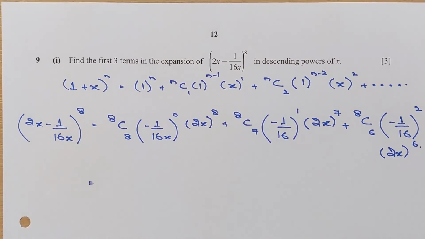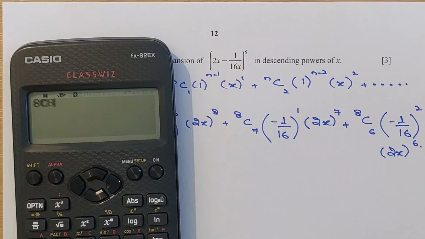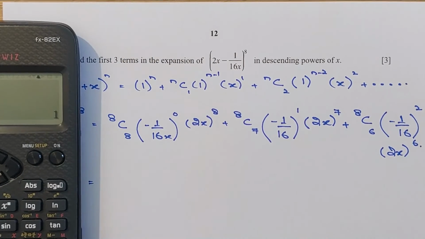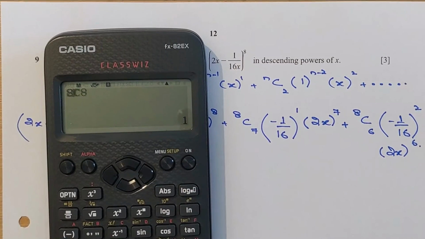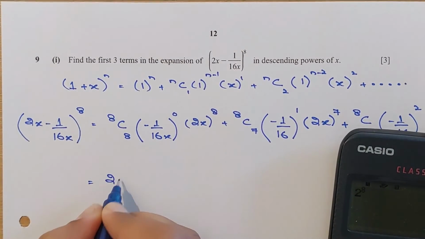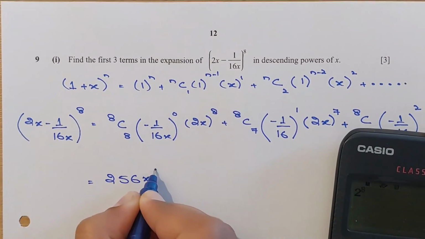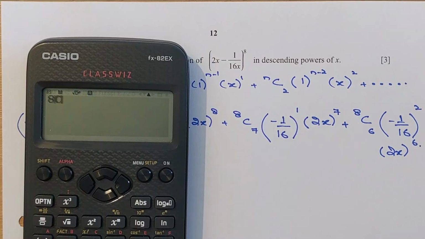Let me simplify. 8C8 is just 1, and this power 0 is just 1, and what is 2 to the power 8? 2^8 is 256. The first term is 256x^8. Now what is 8C7?